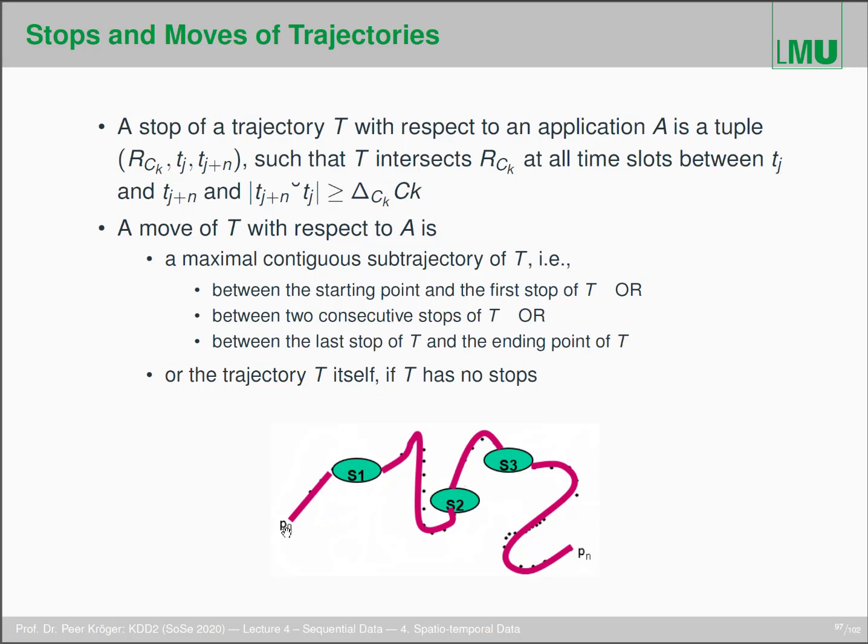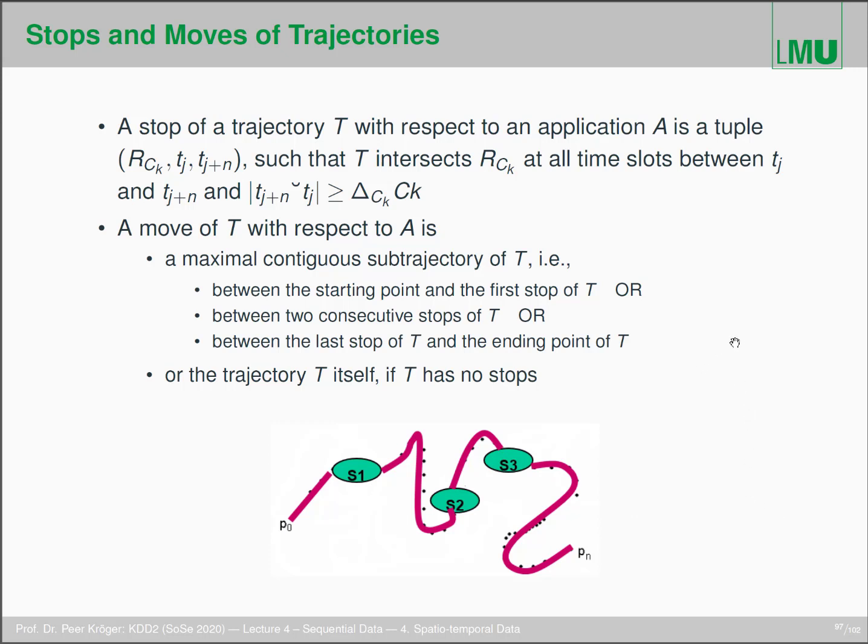So if you have a trajectory here, you have the start point here, you have identified a stop here, and a stop here. So everything between the start point and the first stop is a move. Everything between the first stop and the second stop is a move, and so on and so on. Okay, I see you get the point.